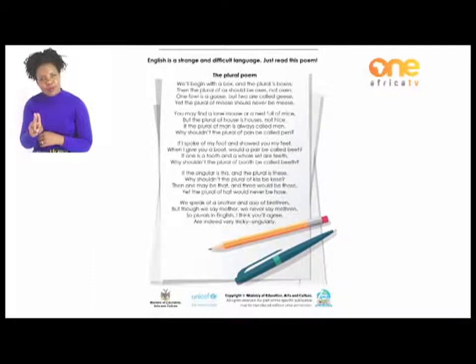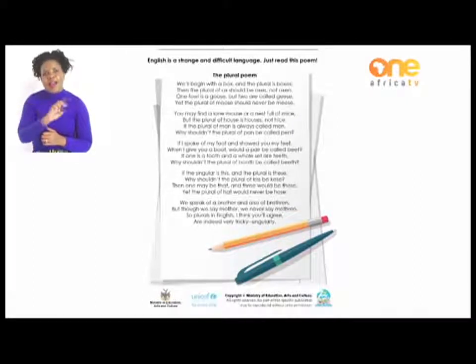If I spoke of my foot and showed you my feet, when I give you a boot, would a pair be called beet? If one is a tooth and a whole set are teeth, why shouldn't the plural of booth be called beeth? If the singular is this and the plural is these, why shouldn't the plural of key be kese? Then one may be that and three would be those.